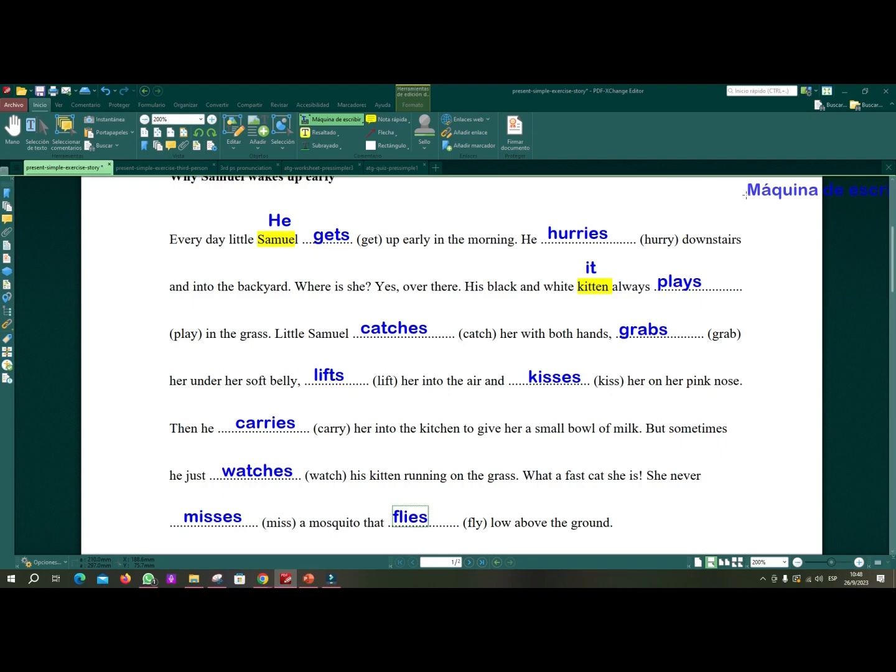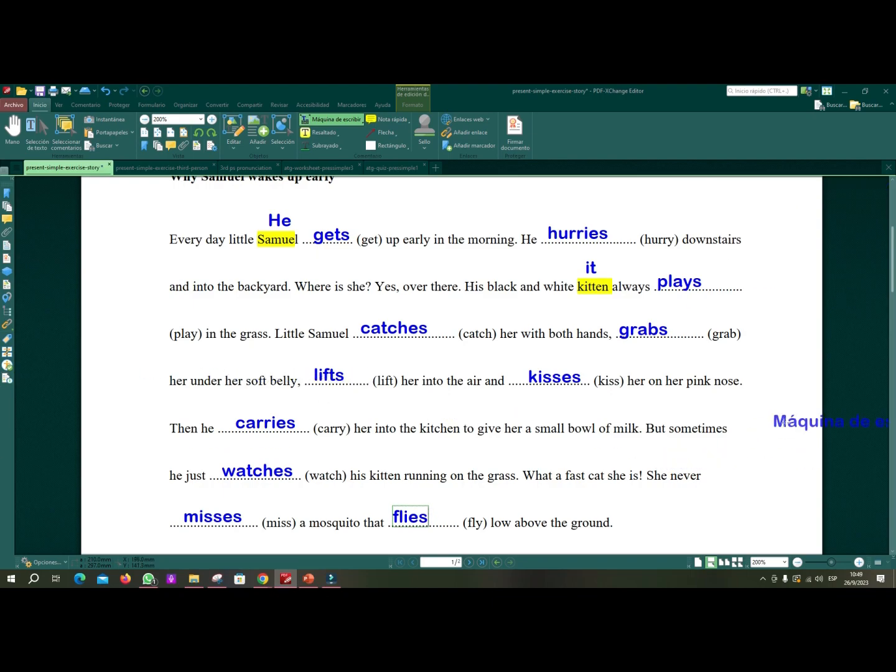Little Samuel catches early. She is soft. He lifts her into his arms and kisses her on her pink nose.